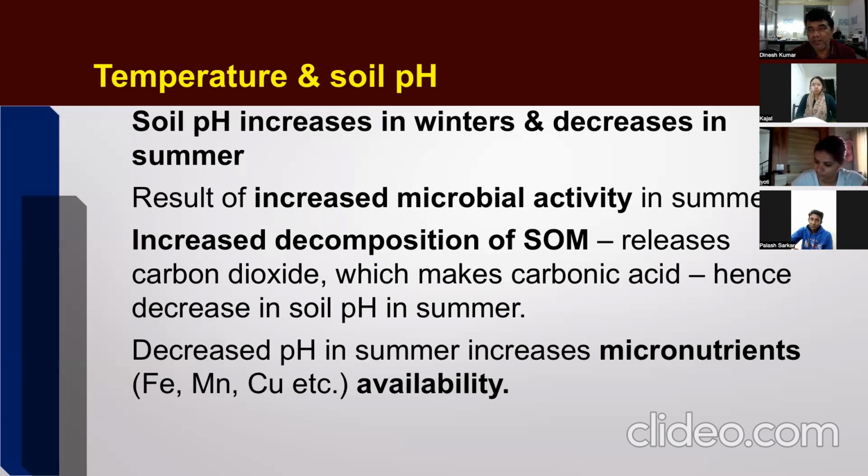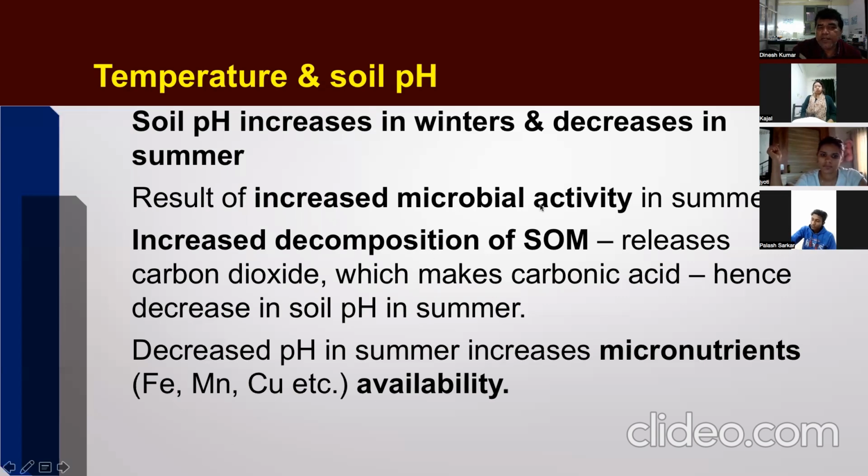But in summer months, the decomposition rate of organic matter or residues or manure is quite fast. If the decomposition rate is fast, that means organic acids will be produced and hydrogen will be released. So it will decrease the pH of the soil during summer. So some variability may exist in soil pH from one season to another.